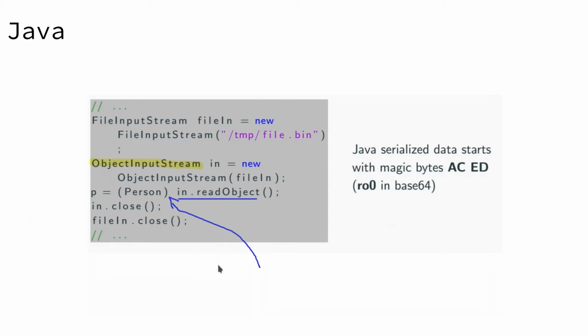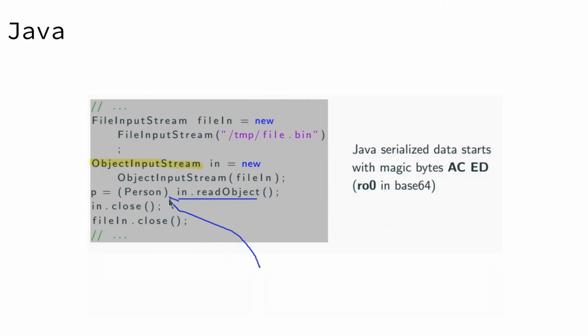So maybe you remember in the Python example, if we would submit another object here, the object would be read, okay, but then the code would crash here.